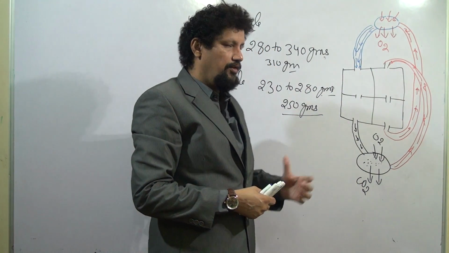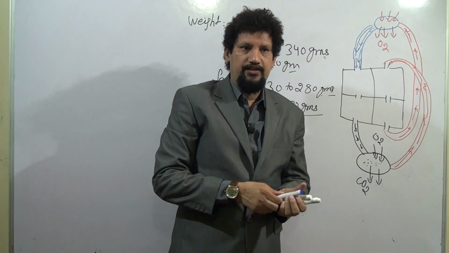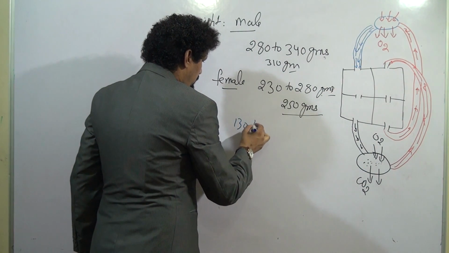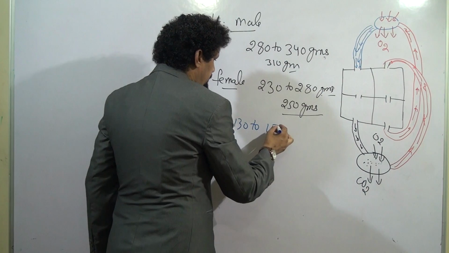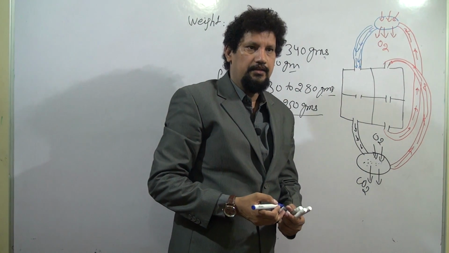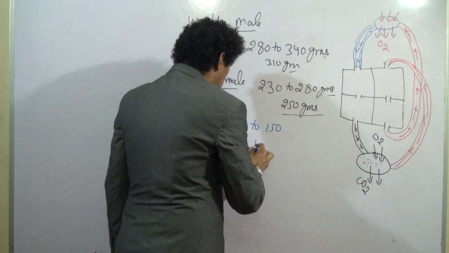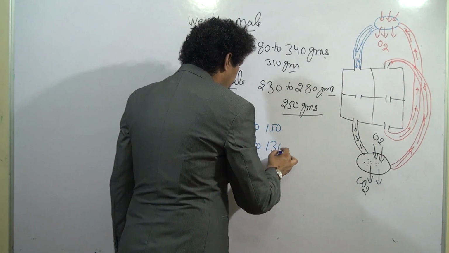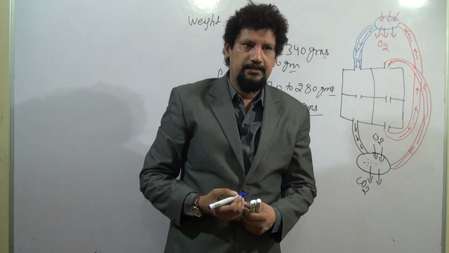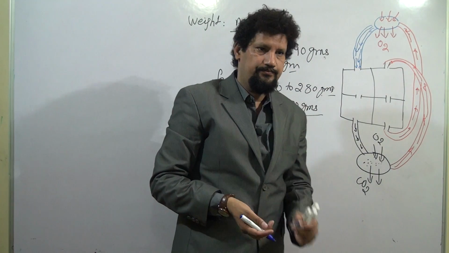The rate of rhythm or rate of beat in the heart is 130 to 150 in case of newborn, but in the children it is 100 to 130 beats per minute, but in adults it is 60 to 90 or 60 to 100.